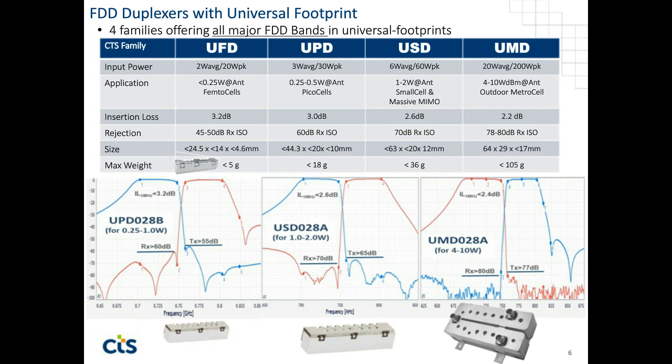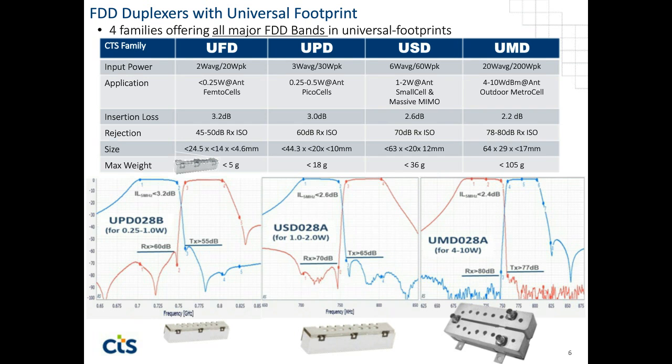So now we have this UFD family of parts. They're all under 25 millimeters long. They're all the lowest cost of these options here. And this is the only case where this applies. It's not a single footprint for all frequency bands.